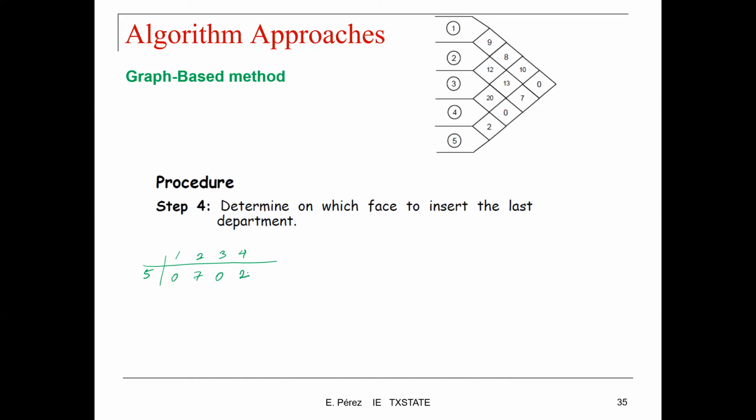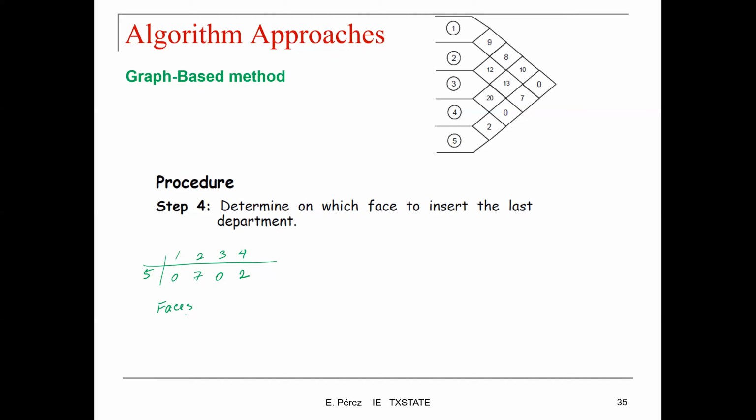Okay, so I know this is the last department, right? I know this is the last one that is going to enter. But now I have to decide in which phase I'm going to enter this last node. So I'm going to do a little evaluation here.